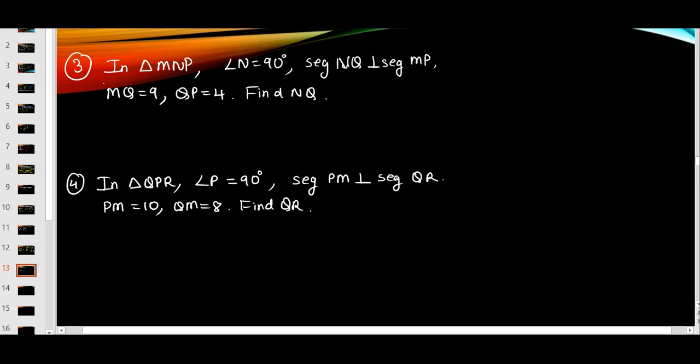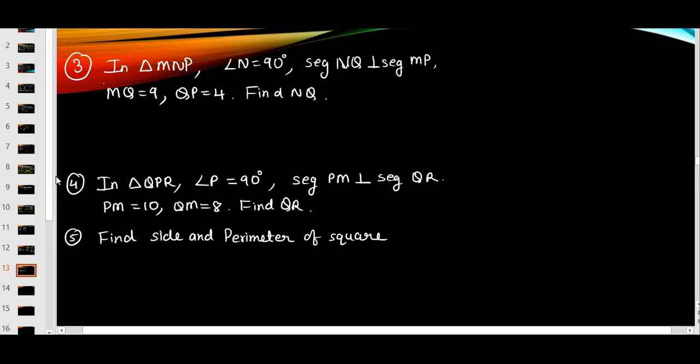And let me give you two more questions to try. These are little thoughtful questions. You have to think and try to solve. Find side and perimeter of a square.